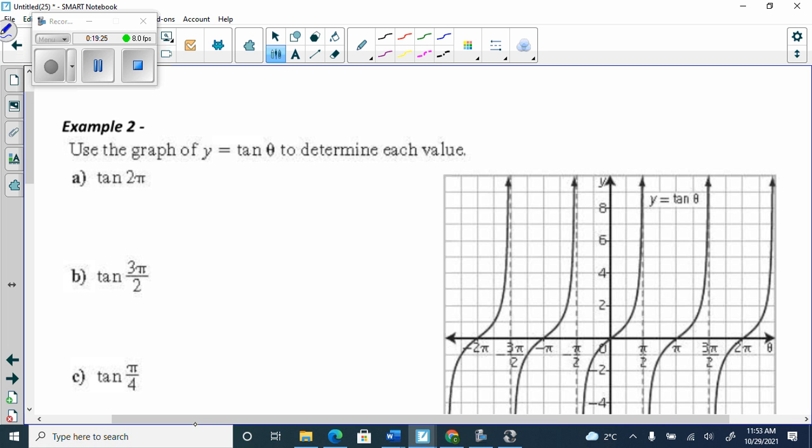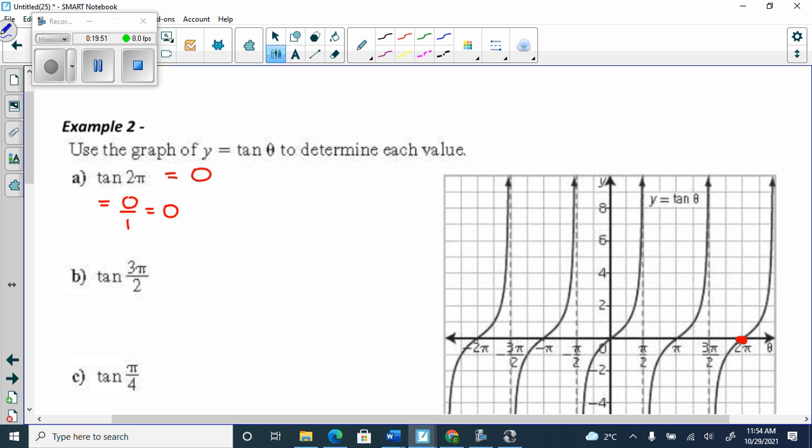So what's tan at 2 pi? 0 over 1. And because we've learned how to use our graph, we could just look at it and say it's 0, right? Off our unit circle, we know it's 0 over 1, which is 0. Off our graph, we know it's 0. They correlate, right? Our graph is just our unit circle. That's how we learned how to draw our sine and cosine graphs, from our unit circle.